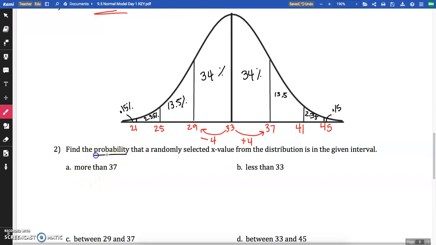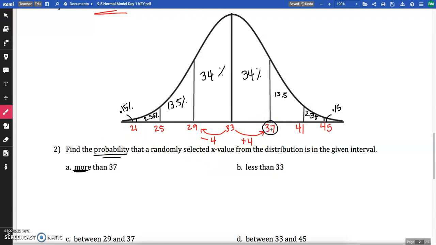We're looking for the probability that if we just picked a random piece of data from this set, that random piece is in a given interval. Okay, so for example, what's the probability that if I just picked a piece of data from this data set that it is more than 37? Well, I go to my normal curve, I find 37, so here's my 37.